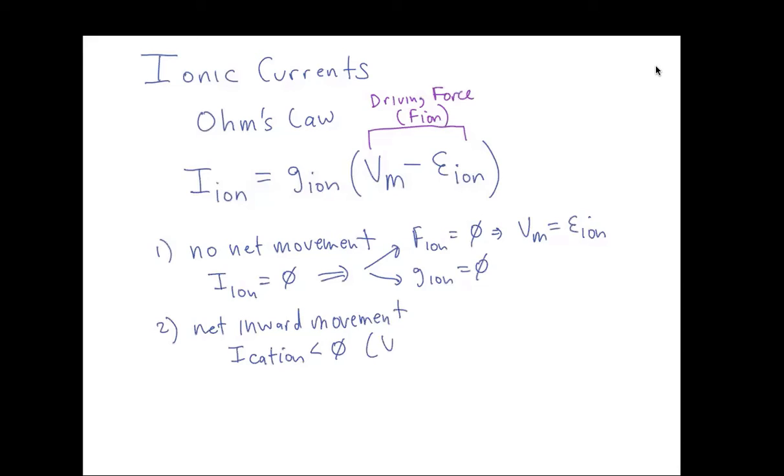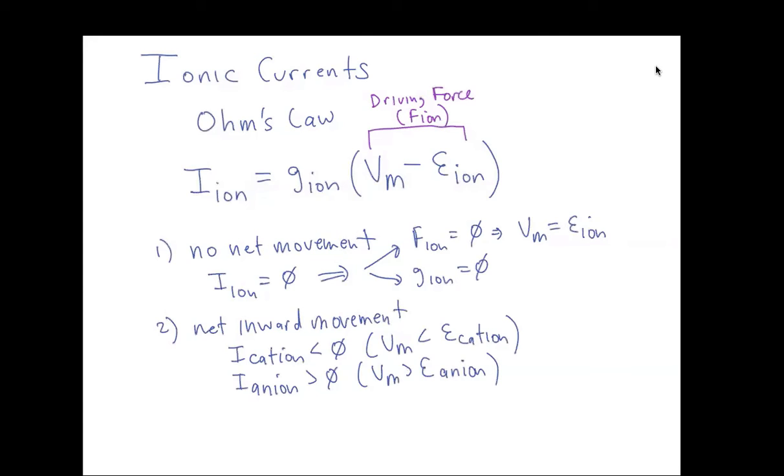And this would mean that the Vm is less than the E cation. So when we take the difference, we get a negative number. If we are looking at anions, negatively charged ions, by definition, if those currents are positive, that's also an inward current. And so in this case, the Vm is greater than the E anion.